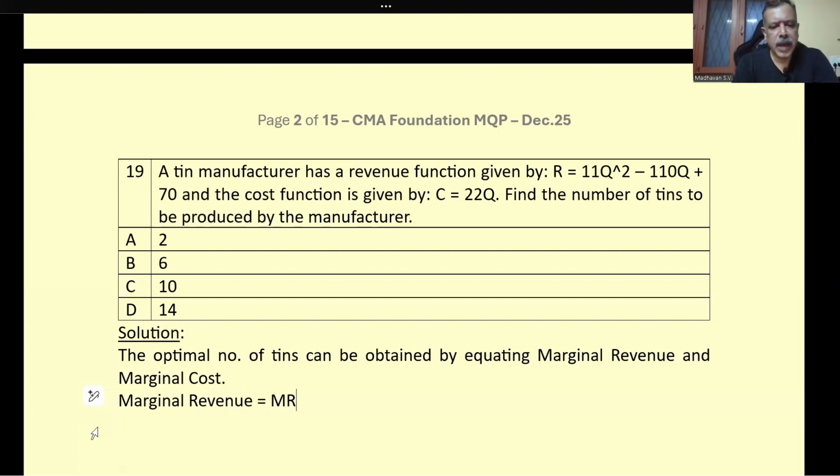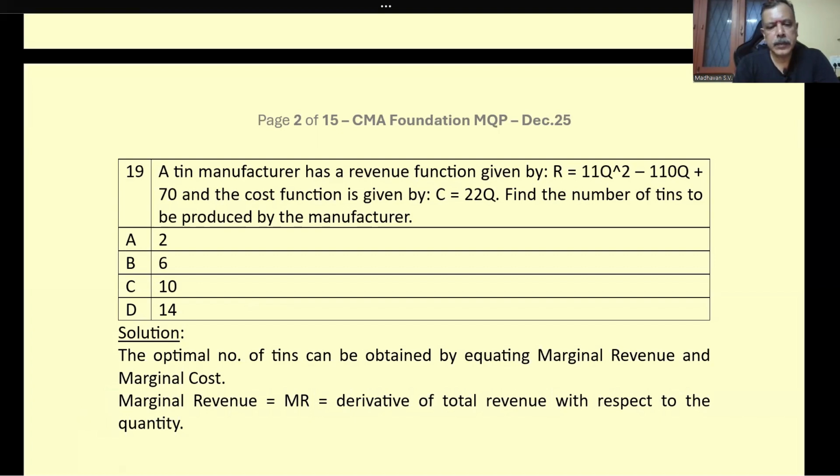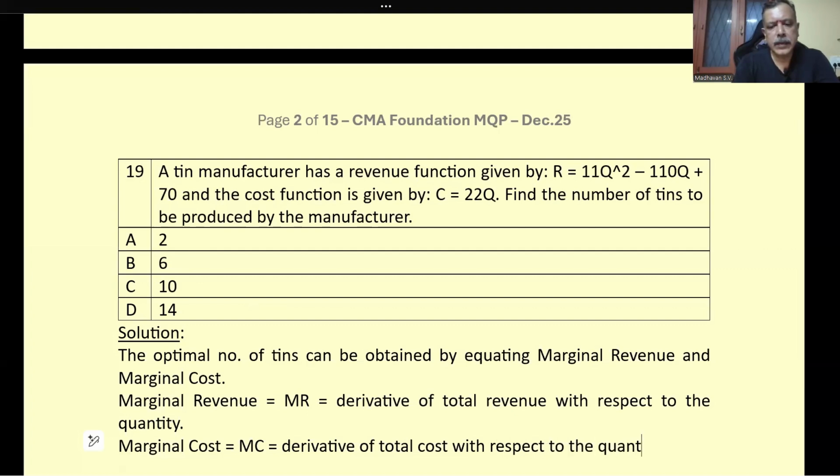So marginal revenue, which is MR, will be the derivative of total revenue with respect to the quantity. Then marginal cost, which is MC, will be the derivative of total cost with respect to the quantity.